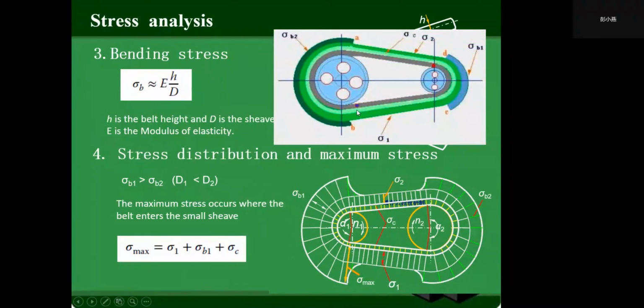And this is the centrifugal stress, this is the tensile stress, and this is the bending stress. This is for the stress analysis. We consider all the stresses on the belt. But for force analysis, we just consider the tensile stress to calculate the force transmitted by the belt.